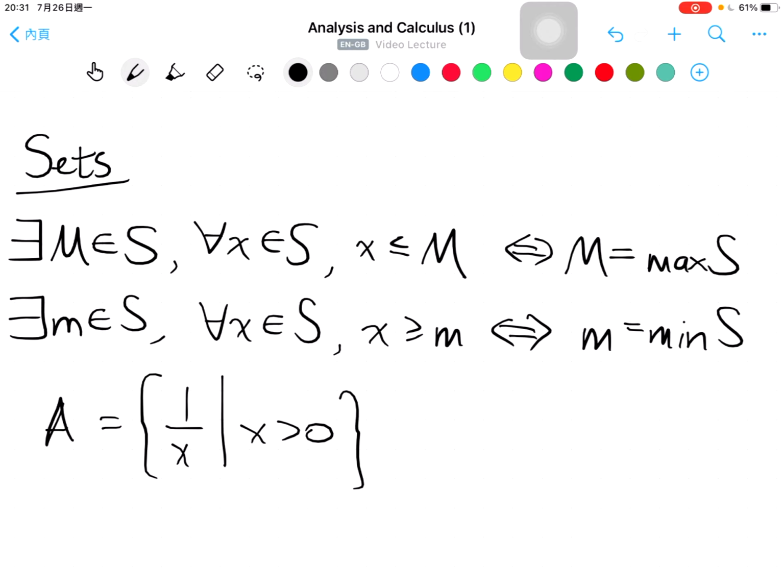That's 1 over a million, and then if we take 1 over that, it's going to be 1 million, right? It's going to be very big.